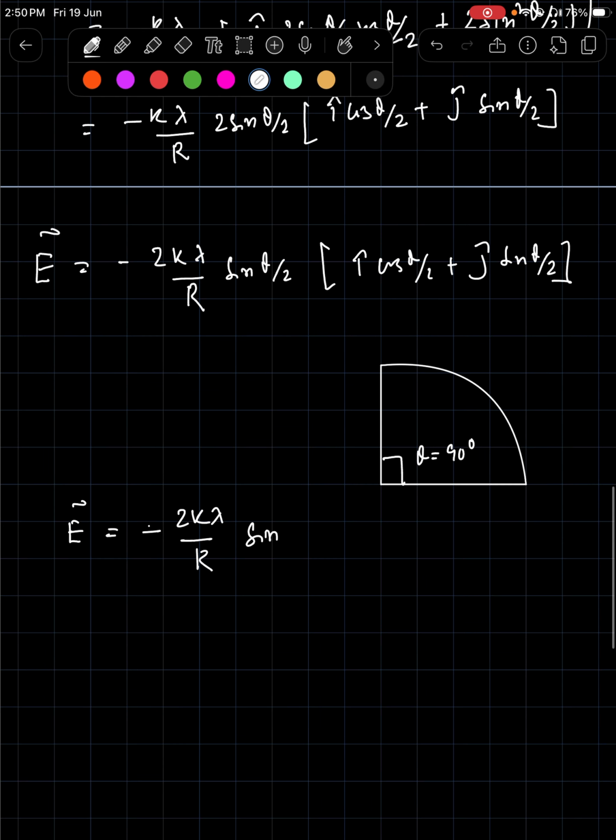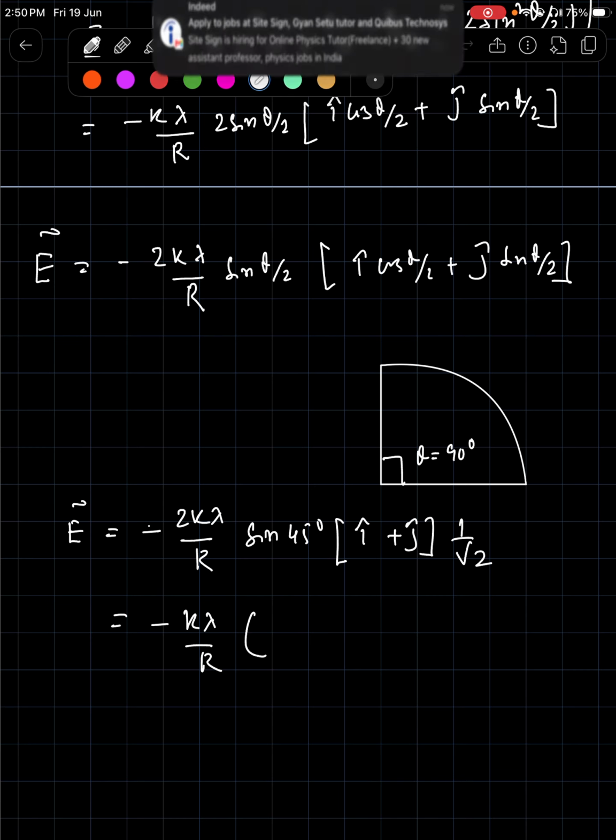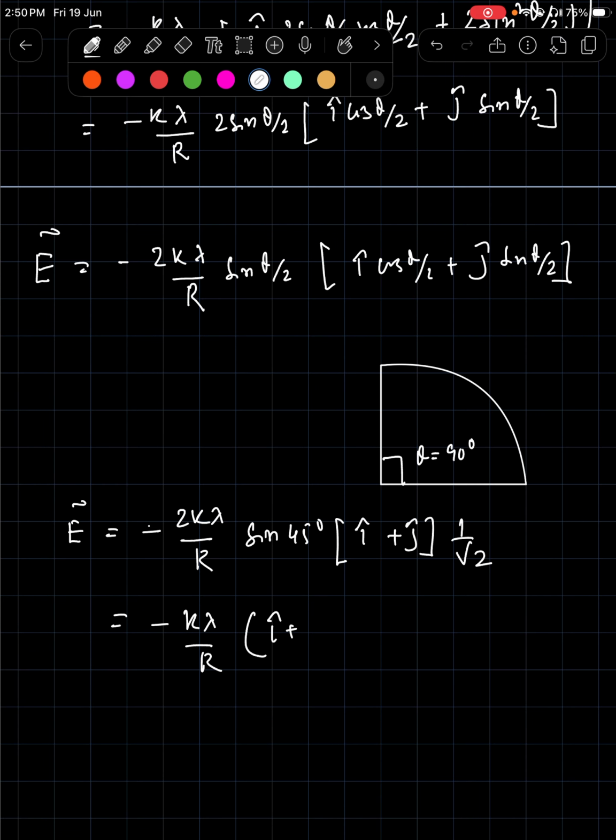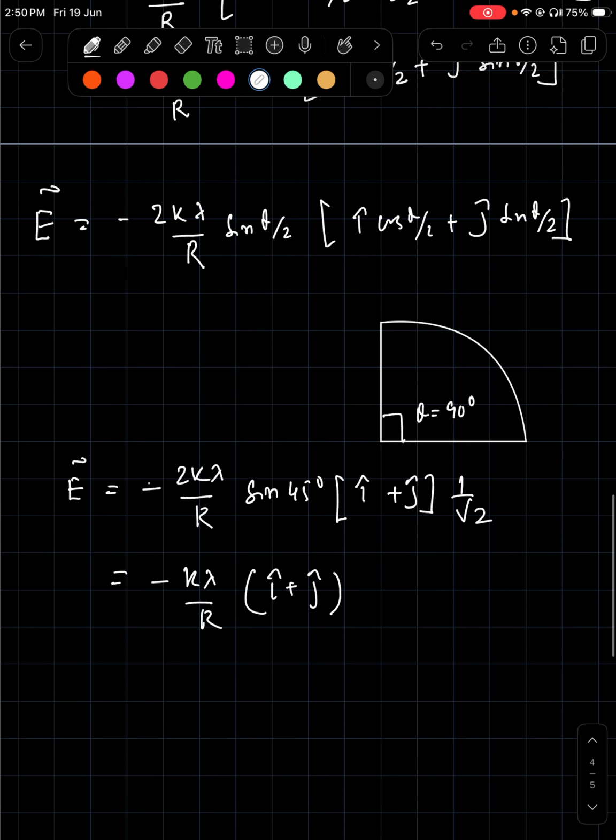So it becomes sine 45 degree, into i cap cos 45 plus j cap sine 45. Both are same, so i cap plus j cap. So again I'm writing 1 by root 2. So it becomes k lambda by r, i cap plus j cap, because sine 45 degree is 1 by root 2, and 1 by root 2 into 1 by root 2 is half, and these two factors will be gone.